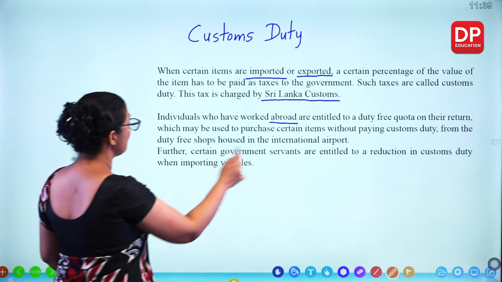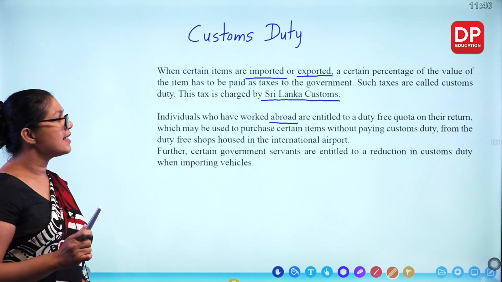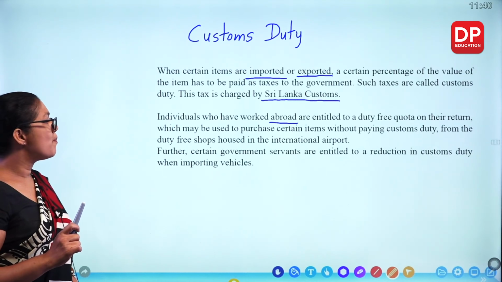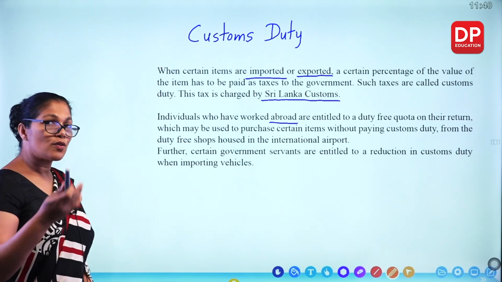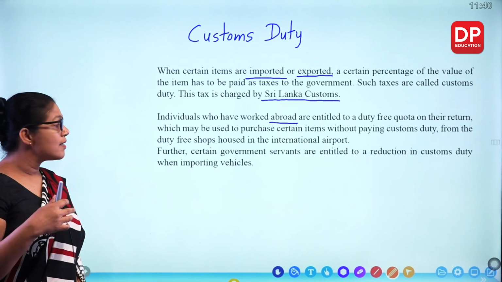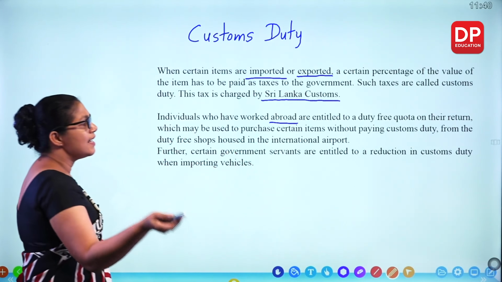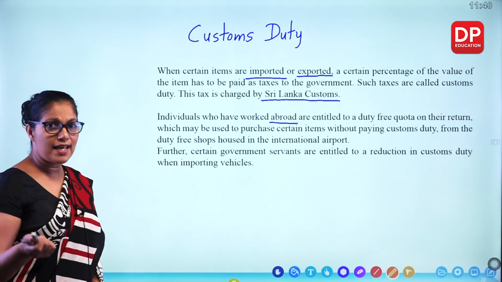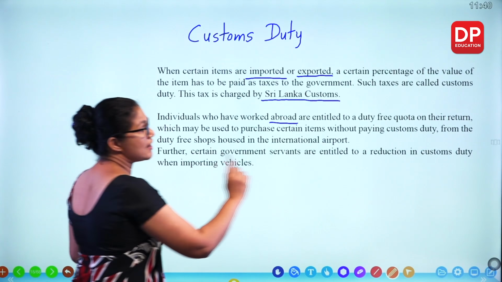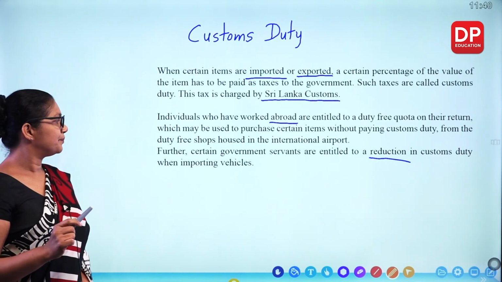And also, certain government servants are entitled to a reduction in customs duty when importing vehicles. So politicians, doctors or some professionals are entitled to that. So they can import vehicles with a reduction of the tax.